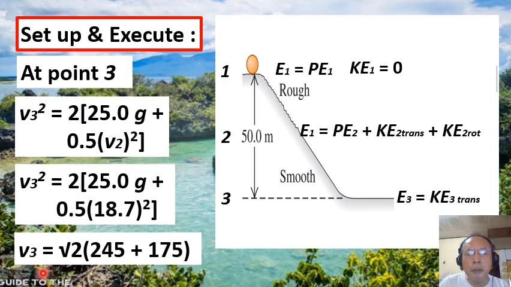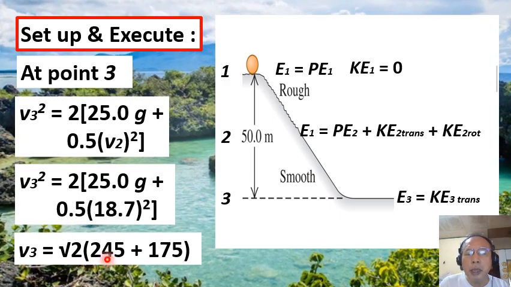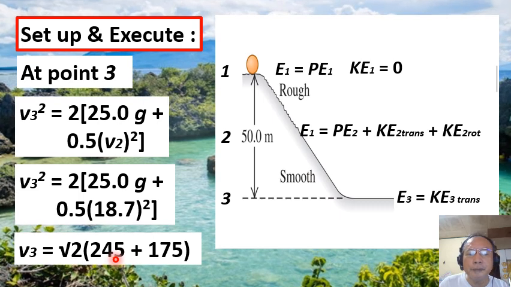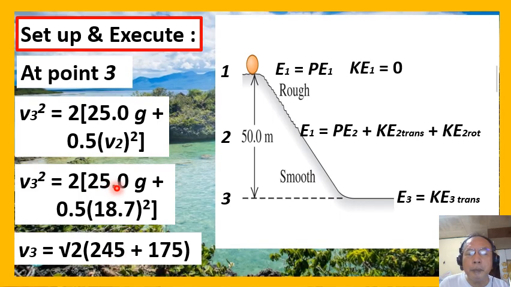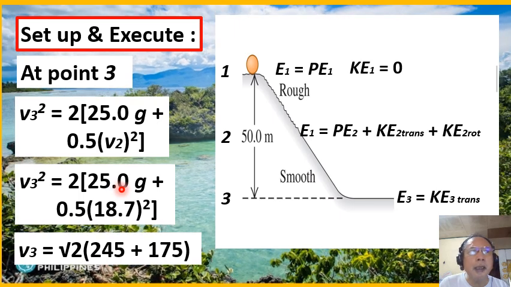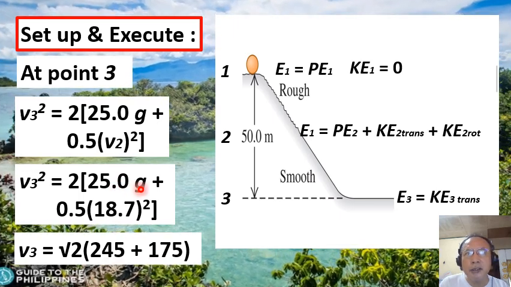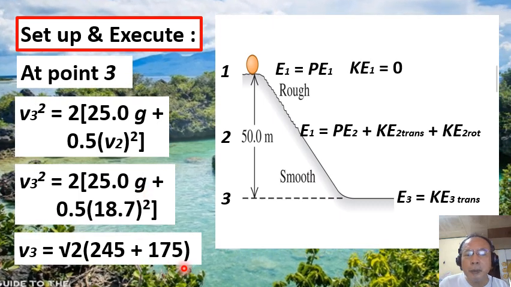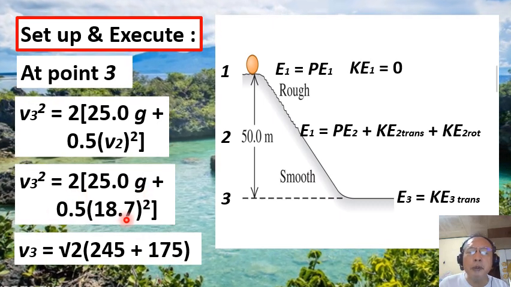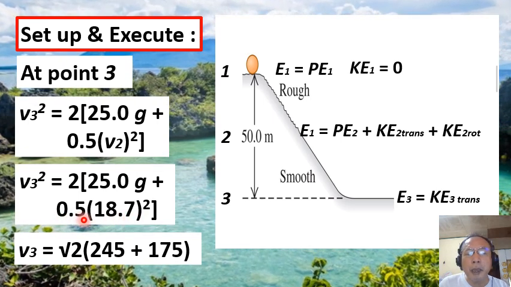v sub 3 now will be equal to the square root of 2 times 245. This is the result of multiplying 25.0 by acceleration due to gravity, 9.80 meters per second squared. And then 175 is the result of multiplying the square of 18.7 meters per second by 0.5.